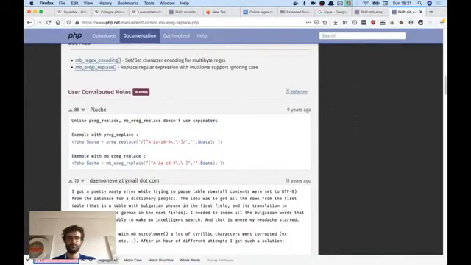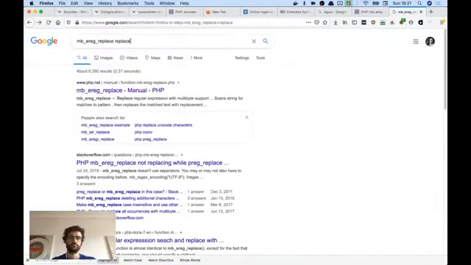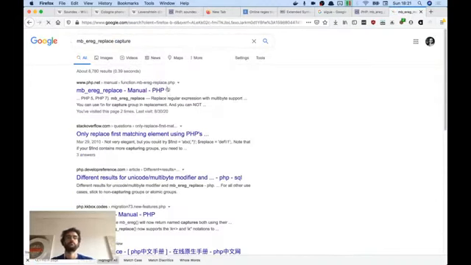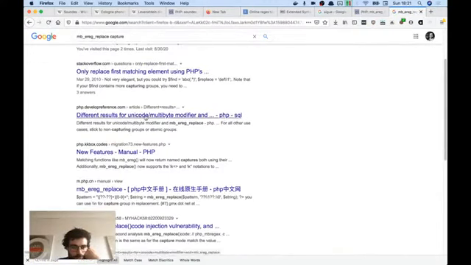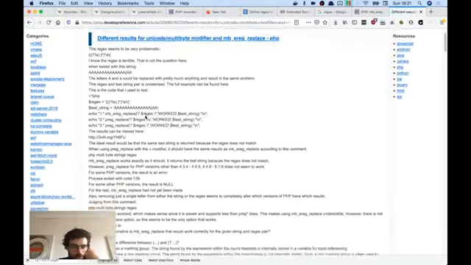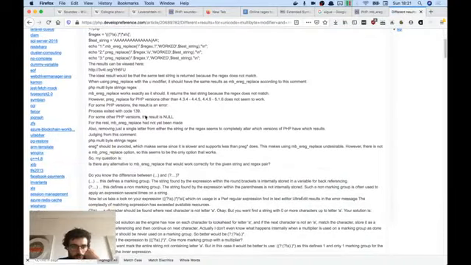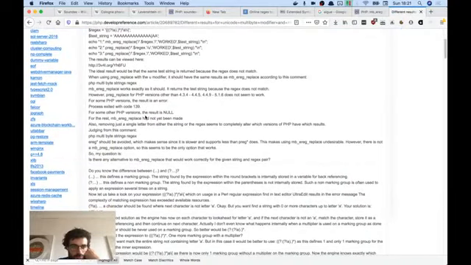No, yeah. That is challenging. It seems that there is a problem with capture groups. For some reason, it doesn't seem to be very keen on actually doing the replacement.